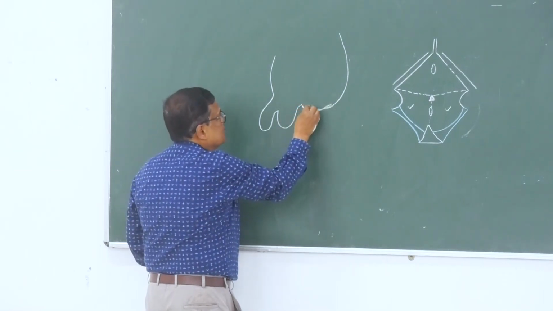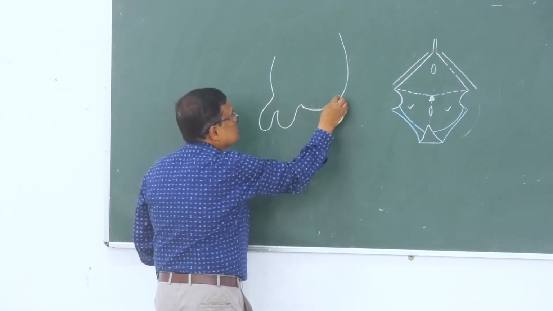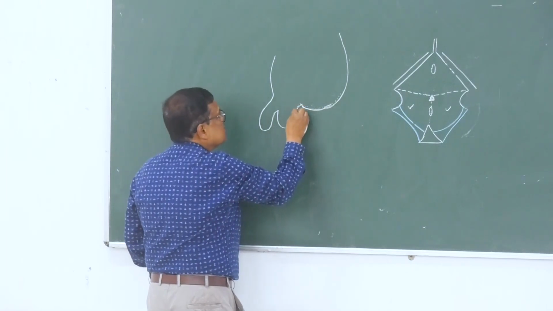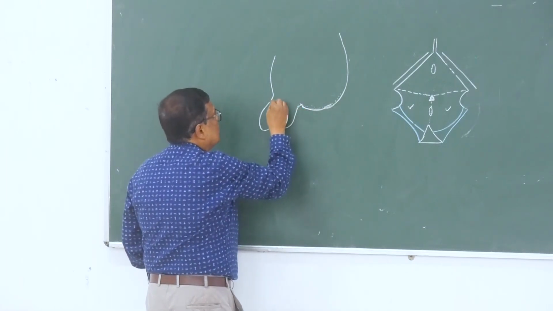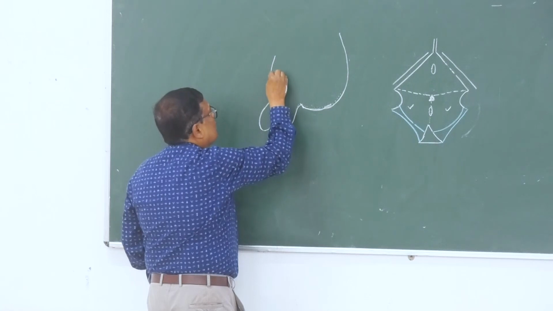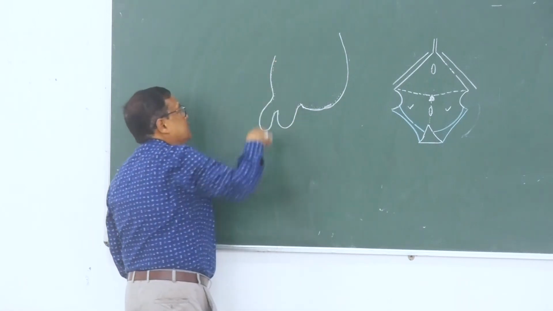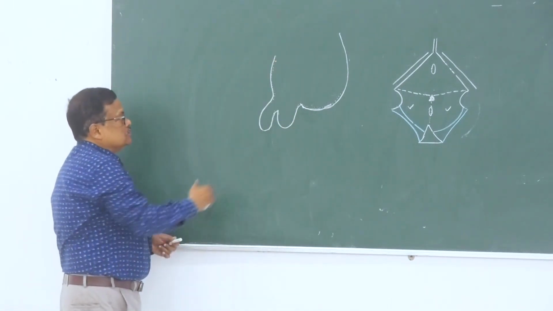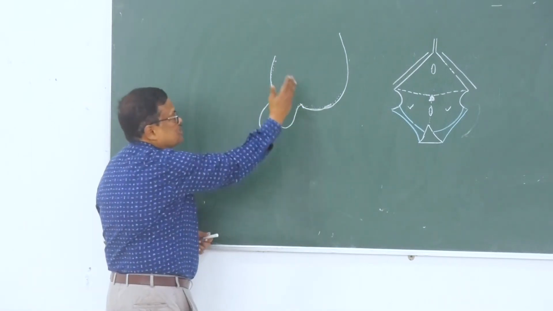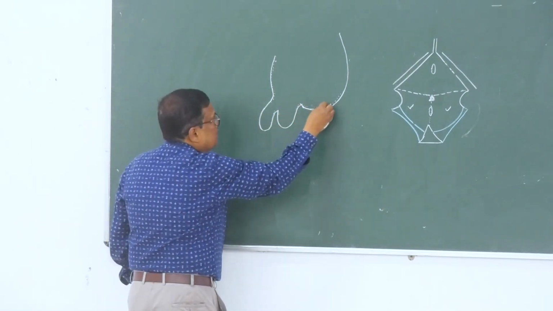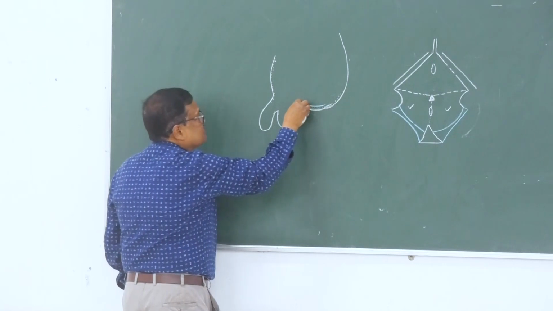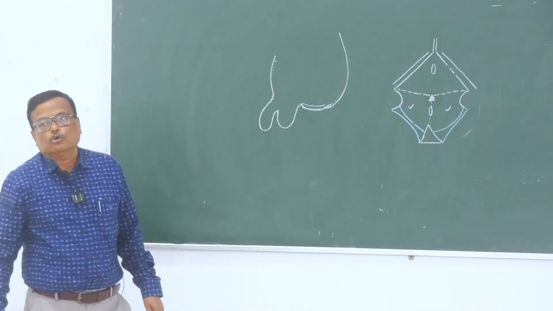Beside there is a superficial fascia. This is the superficial fascia of the anterior abdominal wall. Just deep to it, there is a membranous layer of the superficial fascia, we call it fascia colles.